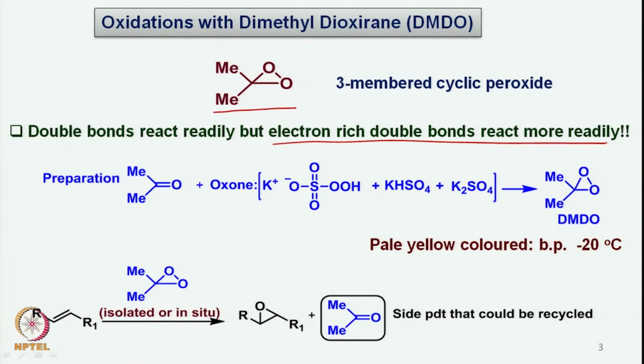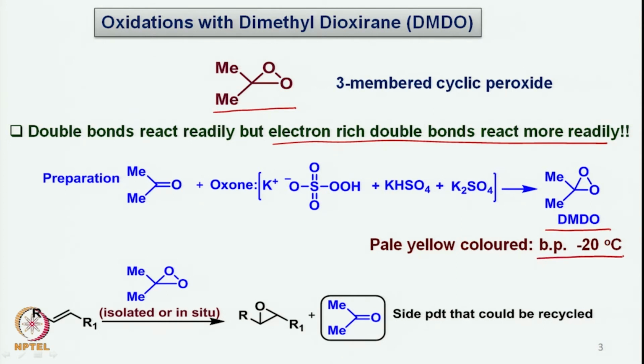How do we make this? It is very easy to prepare on paper, but it is not that easy to prepare in the laboratory. That is because the boiling point of this DMDO, which is dimethyl dioxirane, is minus 20 degrees.